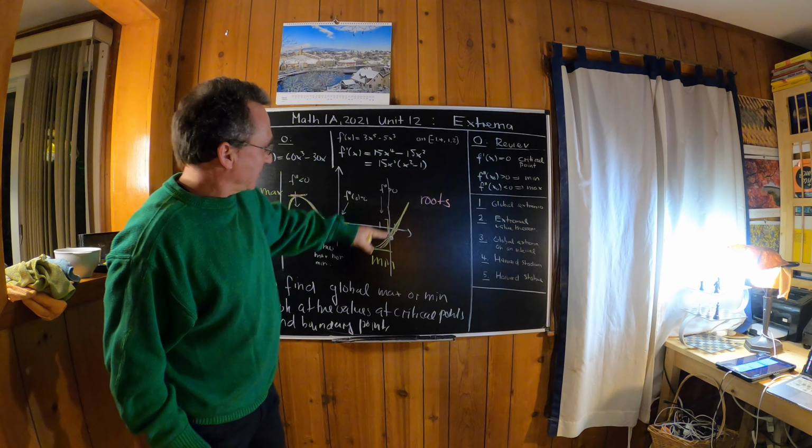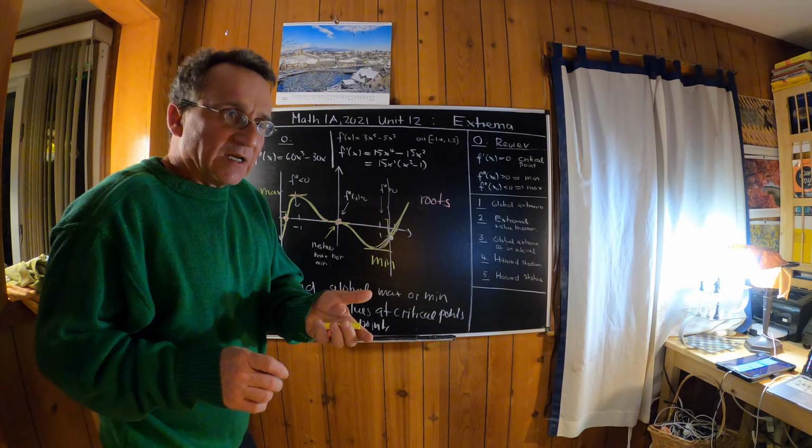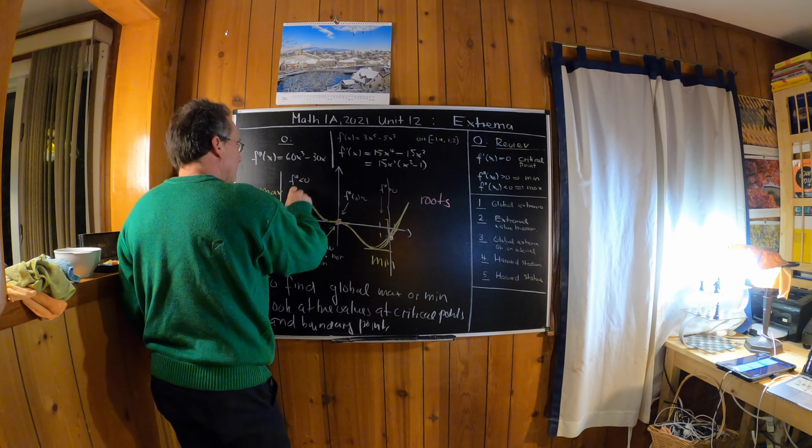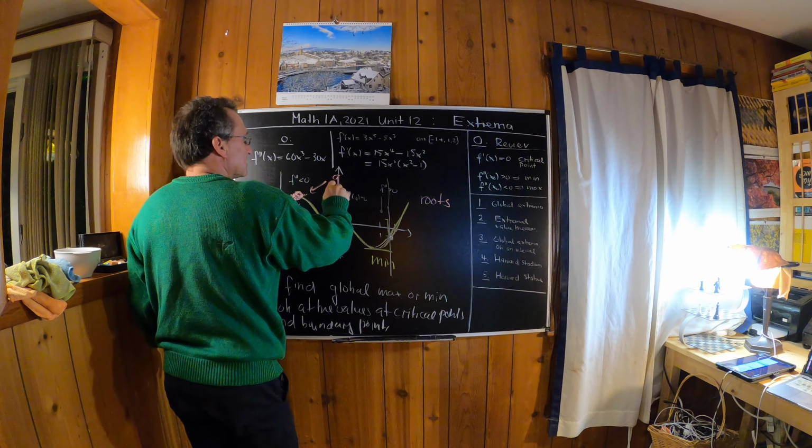So for that, in this case, we need a calculator to see or graph it, and we actually see that this is the global maximum here. So this is the global max.